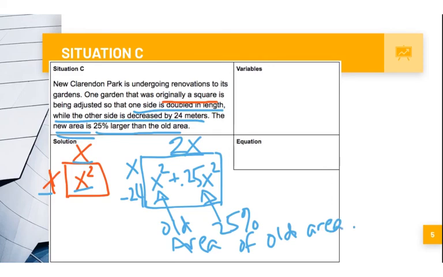All right, so my equation here for the new one would be 2x times x minus 24. These are the new lengths, equals, now these are like terms, right? They're both x squares, and I've got an invisible 1. So 1 plus 0.25 would give me 1.25 x squared.